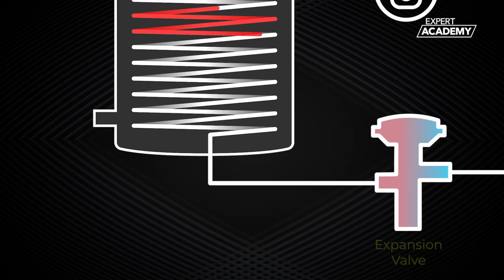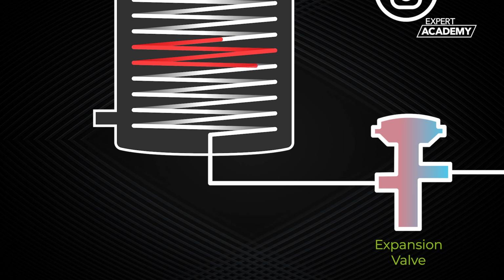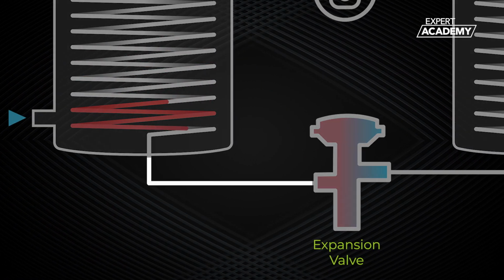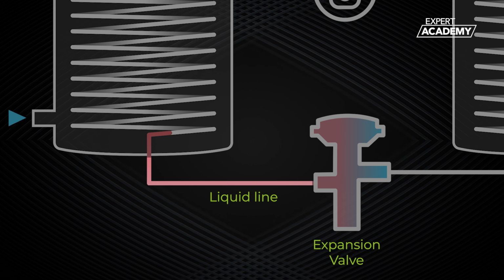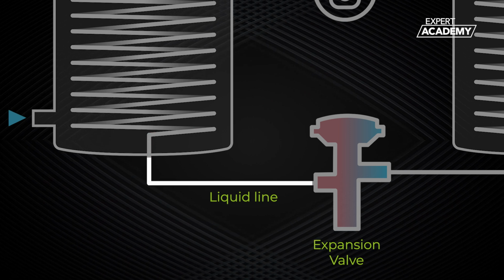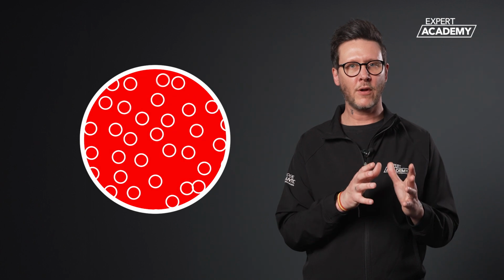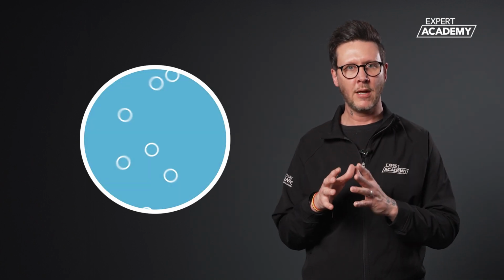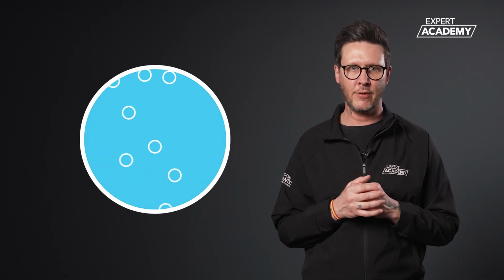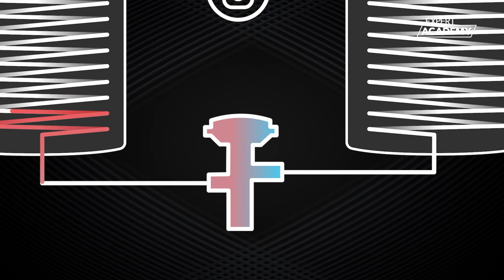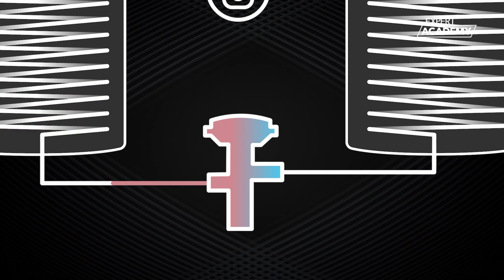The next stage is the expansion valve. The relatively low temperature, high pressure liquid enters the expansion valve via the liquid line. The liquid line connects the condenser to the expansion valve. Remembering that an increase in volume reduces pressure and significantly reduces temperature. We now have a high pressure, relatively low temperature liquid entering the expansion valve.